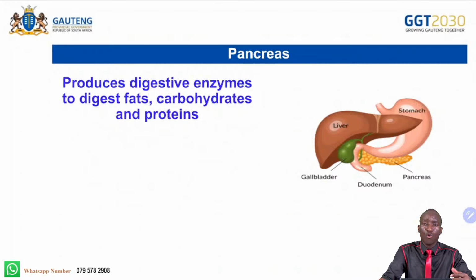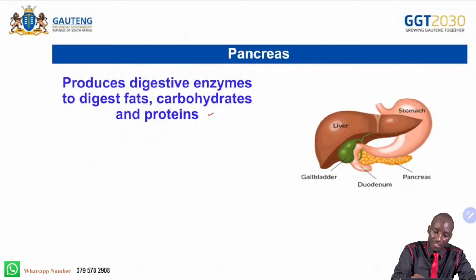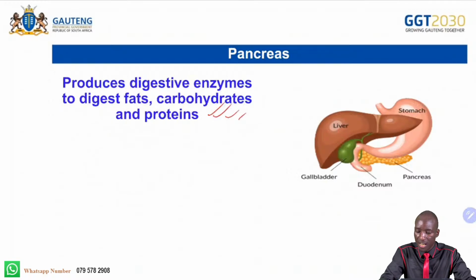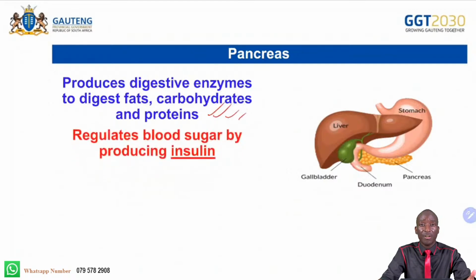Digestive enzymes are responsible for digesting a number of these nutrients, which include fats, carbohydrates, and proteins. It plays a very vital role within the alimentary canal and the digestive system. It also regulates blood sugar by producing insulin.